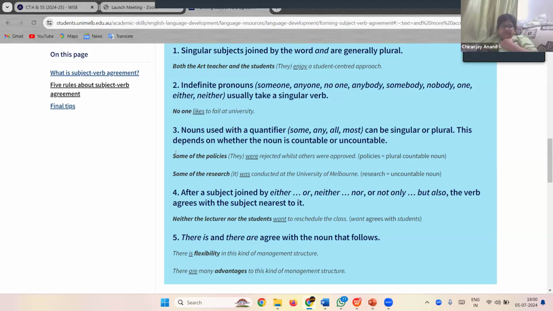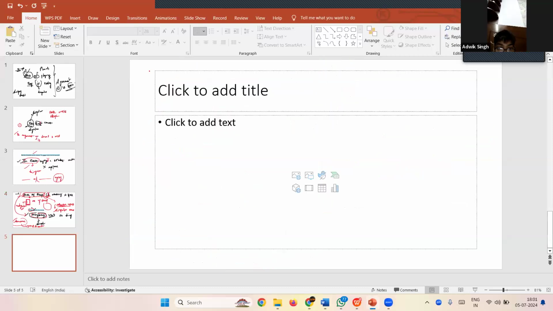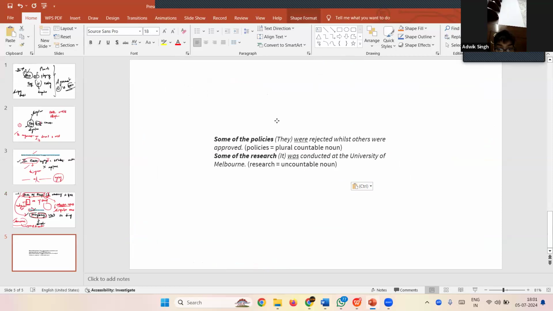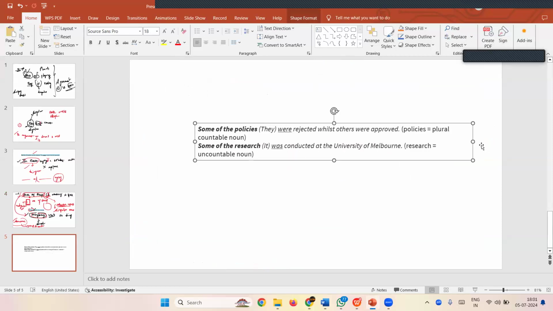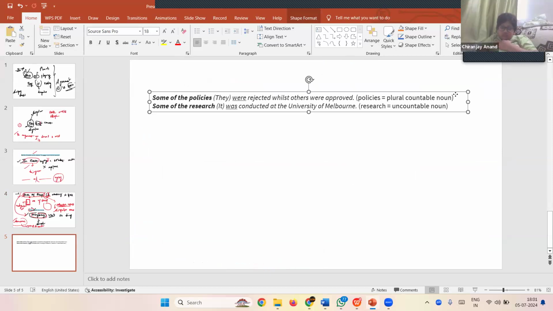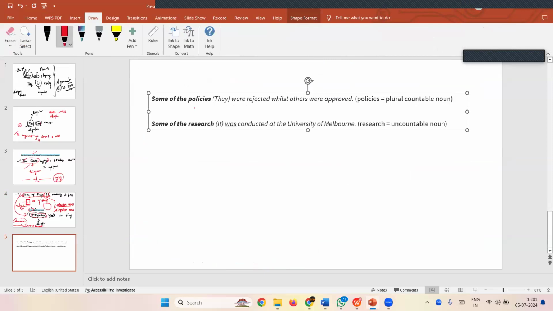Ma'am, in the first sentence probably it's countable, and in the next it's not. Yeah, correct. See here, some of the policies, I can count the policies.